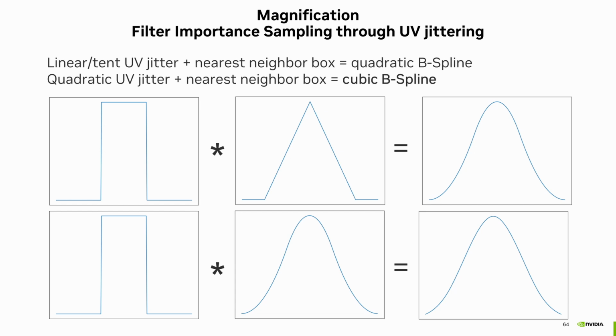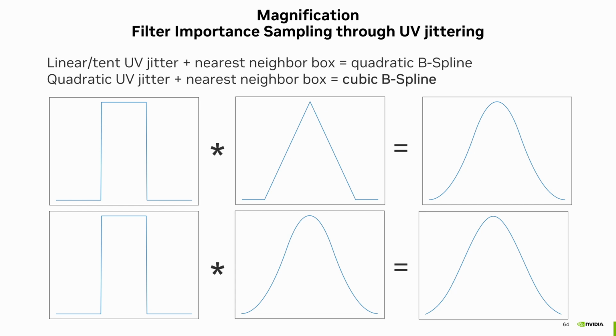In 2 dimensions, this is a bicubic kernel, smooth but very pleasant looking. It is a close approximation to a Gaussian kernel and is often used in offline rendering for magnification.